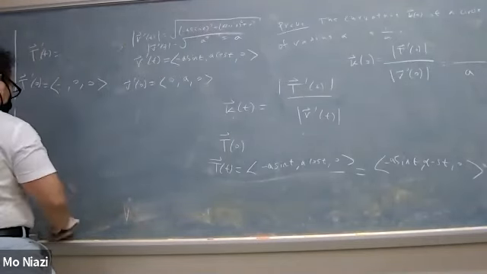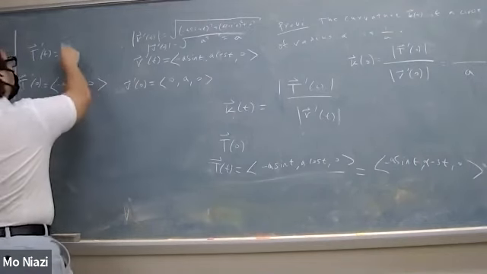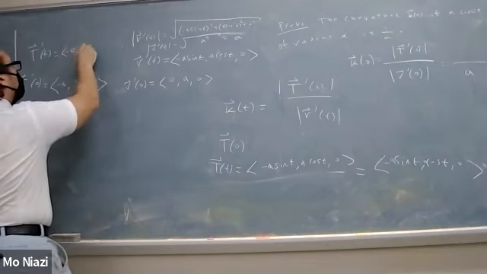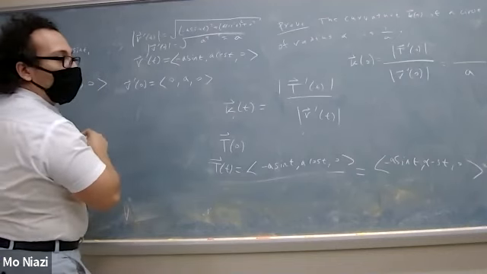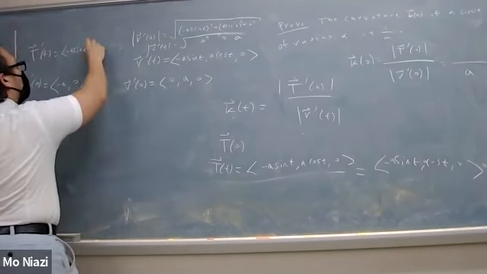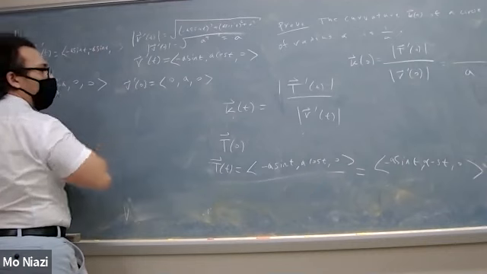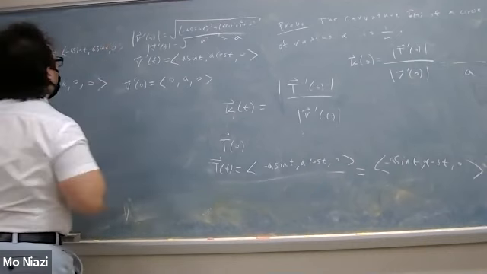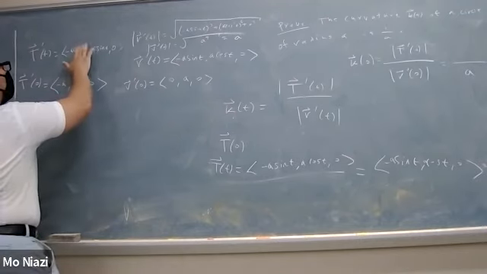So this ends up becoming an a. This ends up becoming a negative a sine t, the derivative of cosine. The derivative of cosine is negative sine. The derivative of sine is cosine. This needs to be cosine.